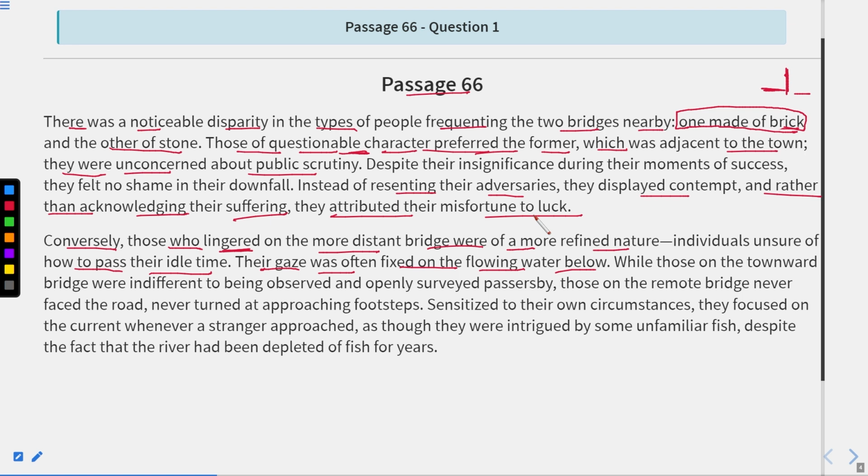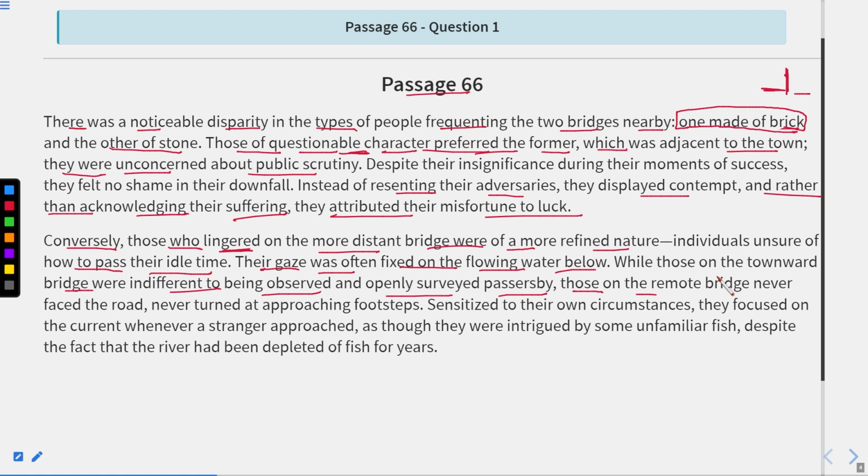While those on the townward bridge, townward means which is near to the town, that is the one bridge that was made of brick, were indifferent. Indifferent means unconcerned to being observed and openly surveyed by passers-by. Those on the remote bridge, it means which is away from town, never faced the road.